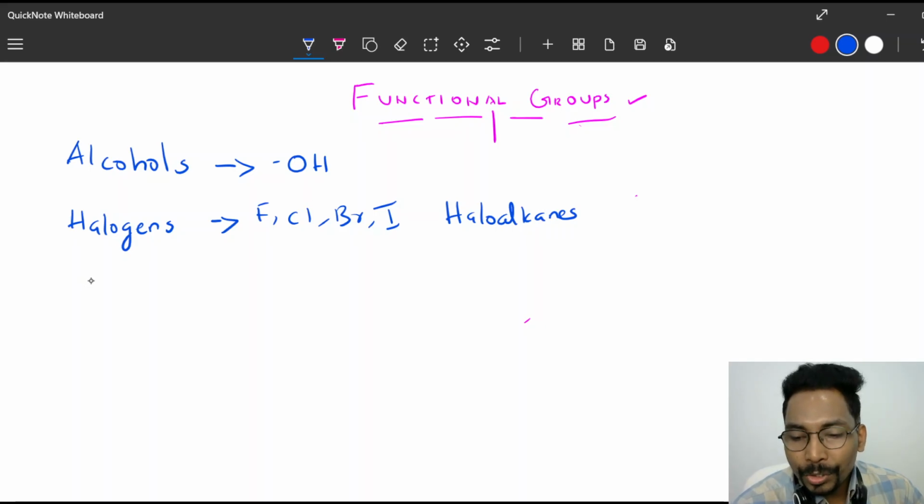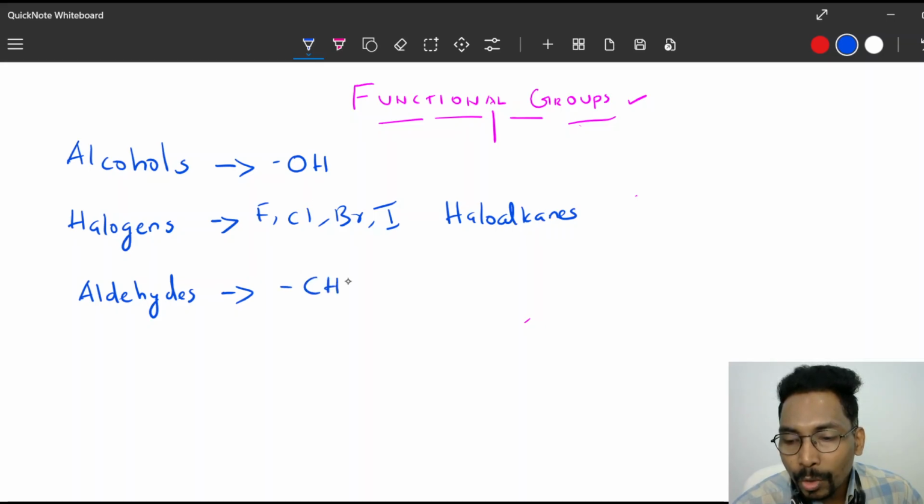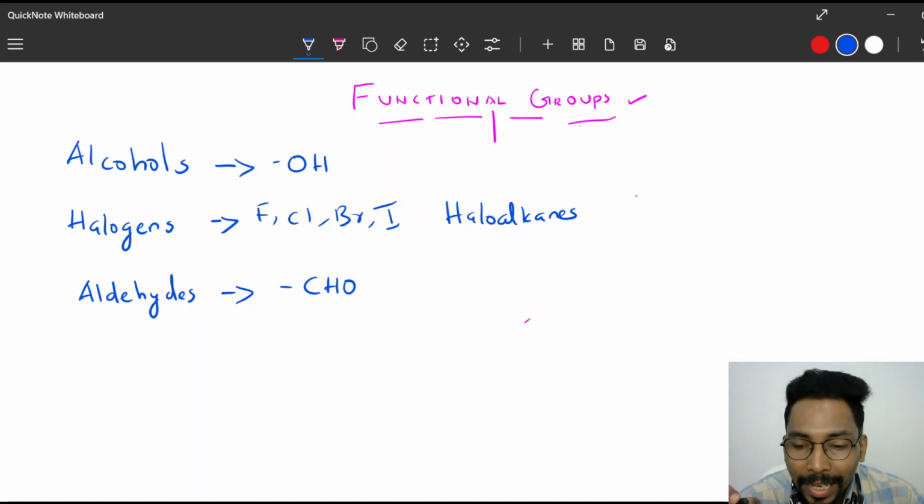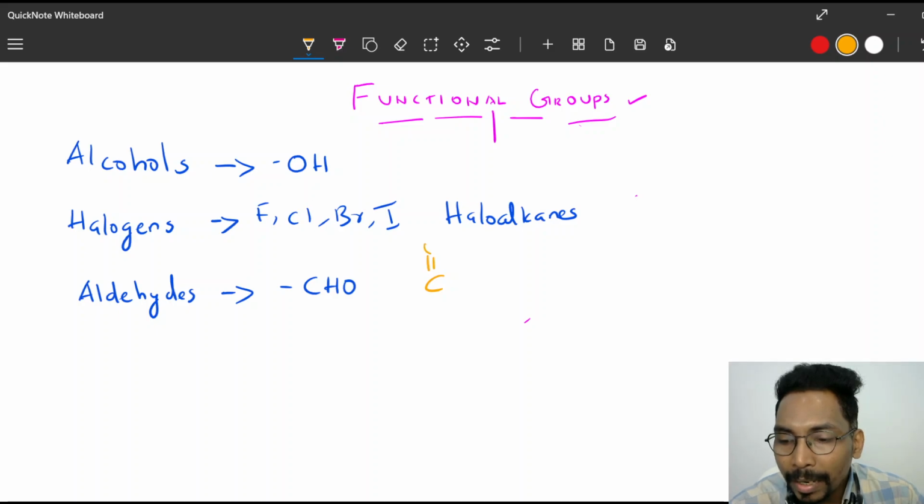Then next one, aldehydes. So alcohols, halogens, aldehydes. Aldehydes means the group is CHO. This is the aldehyde functional group. Exactly how it is written is very important. Aldehyde is C double bond OH.